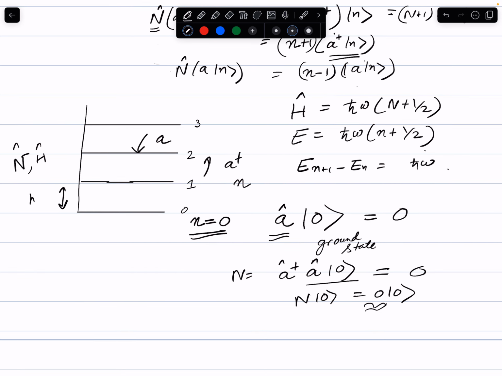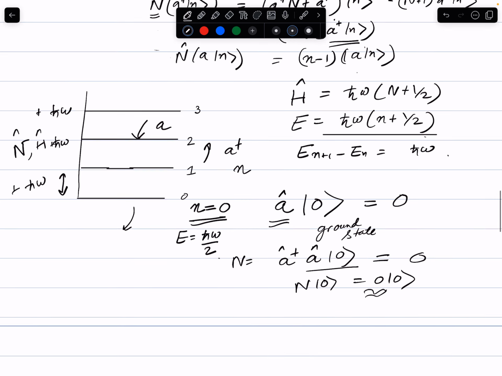So every state has this H bar omega spacing, and even the lowest energy state, n equal to 0, does not have 0 energy, because you put 0 in this equation and you get half H bar omega. So n equal to 0 has energy H bar omega by 2, and each step above just goes as plus 1. So this system is the simple harmonic oscillator. Any questions?